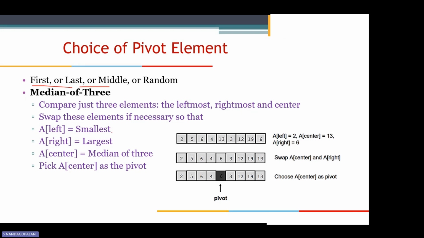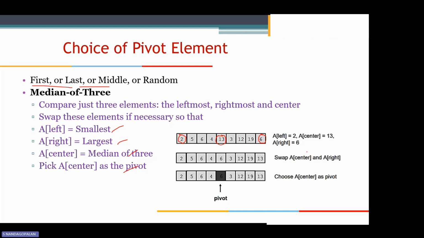You can select the smallest, largest and median of 3 and pick that as the center. See, for example, this sample data shows that A of left is 2, A of right is 6, and the center is 13. And take the median of these 3.